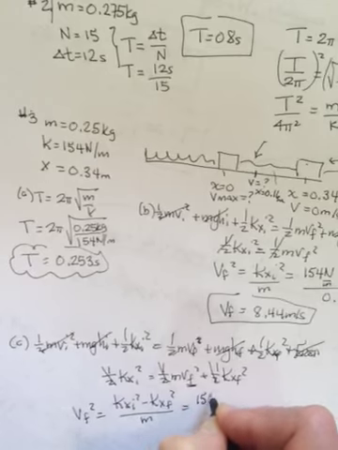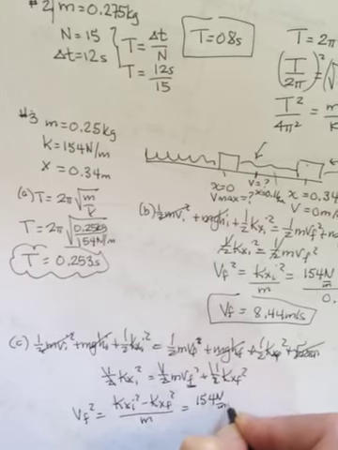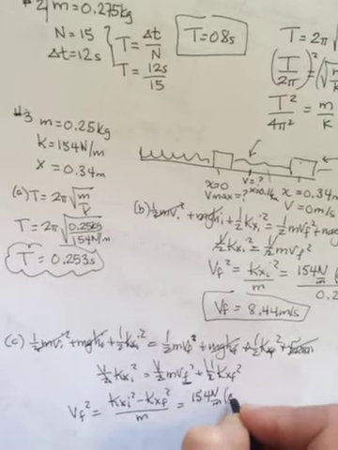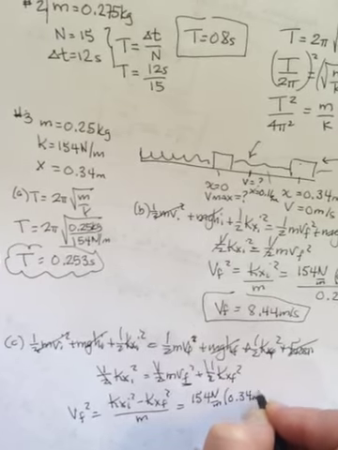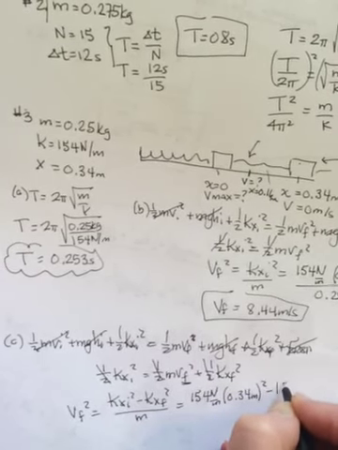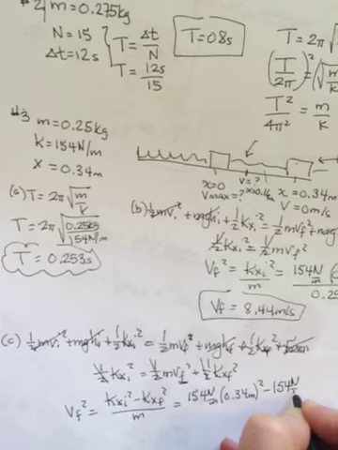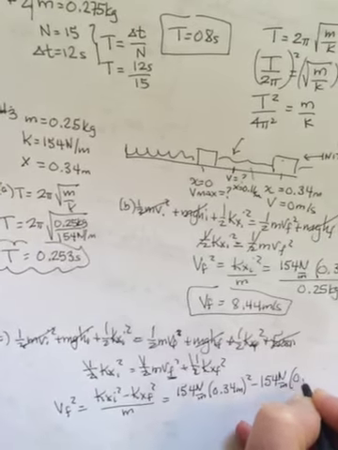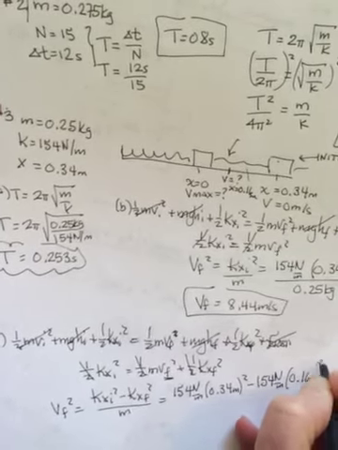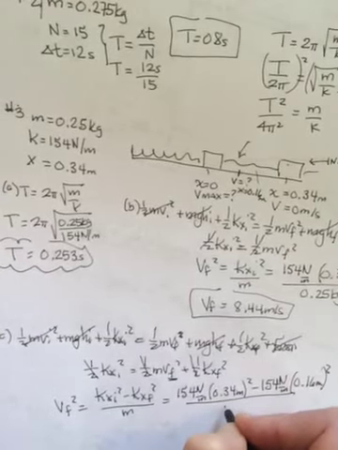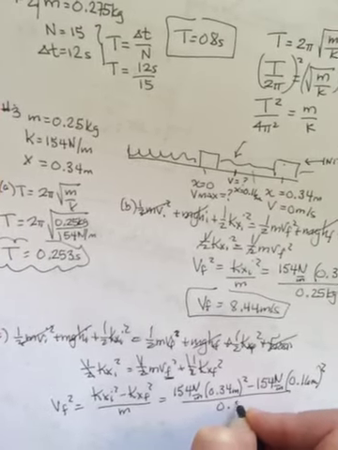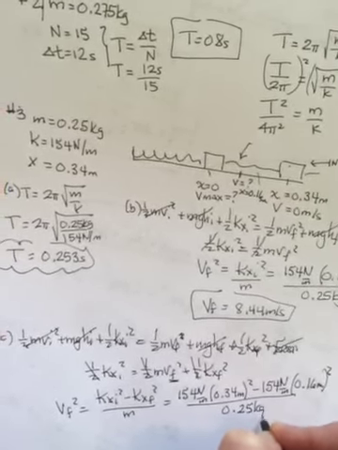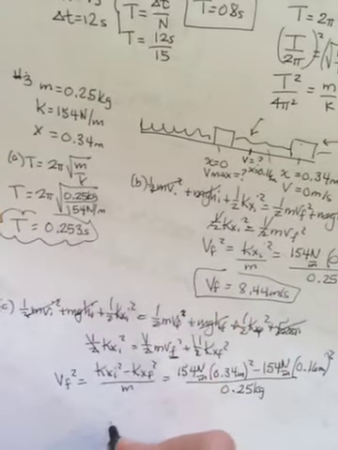So 154 newtons per meter, initial was 0.34 meters squared, minus 154 newtons per meter, and our final was 0.16 meters squared, divided by, was it 0.25? Yeah, 0.25. And again, remember that's v f squared.